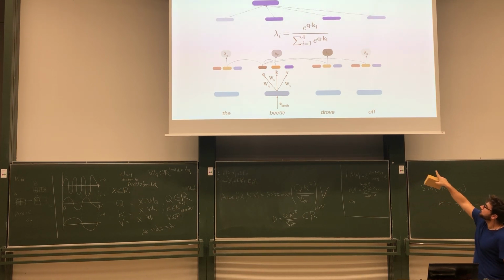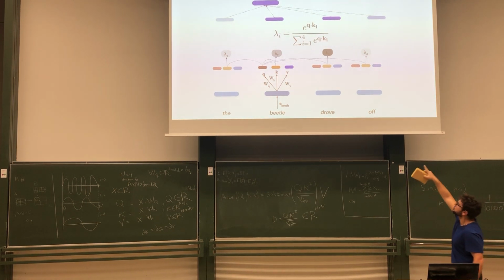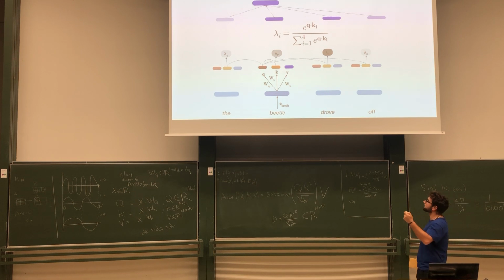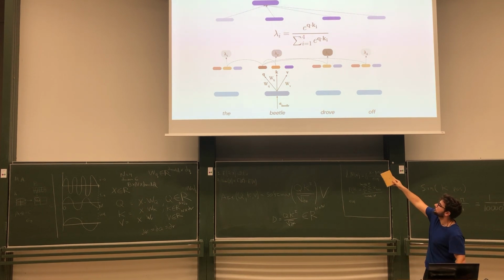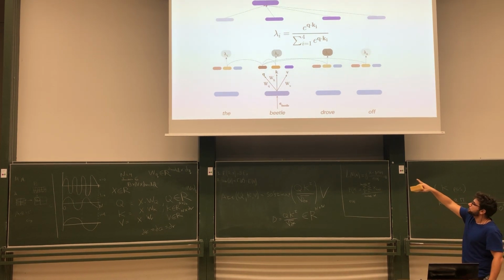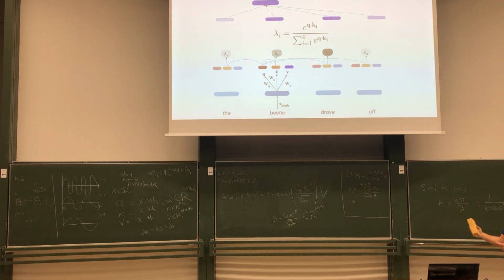What is happening in this formula is nothing but the softmax. This is basically for one individual word, the word embedding of interest. For each word, we take the similarity of the query, the projection of this word, with all the other words.